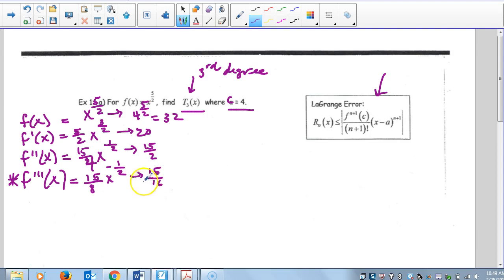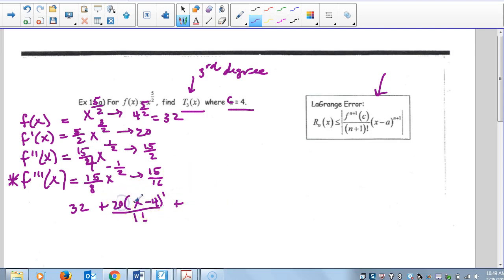Okay. So my Taylor for this starts with the first, so it's 32 plus 20 x minus 4 to the first over 1 factorial, plus, and why did I get, oh, I did get 2.